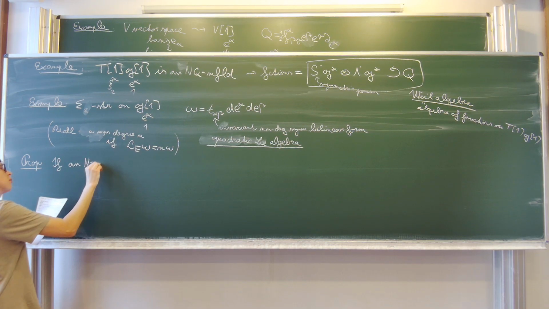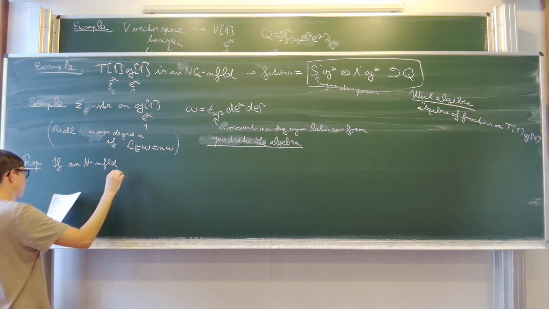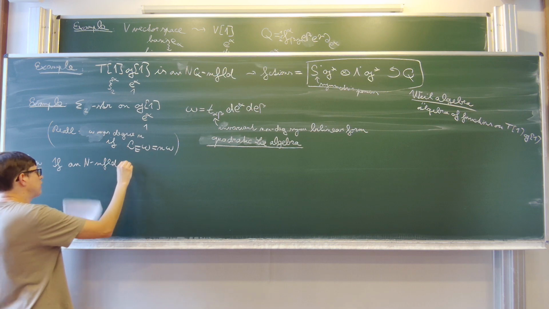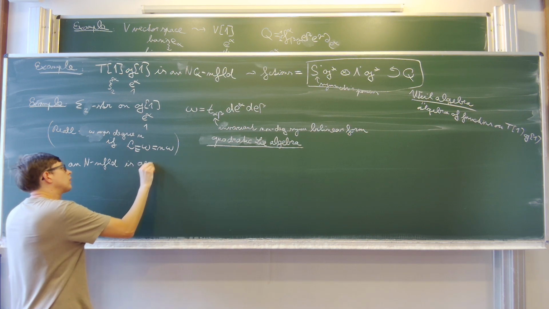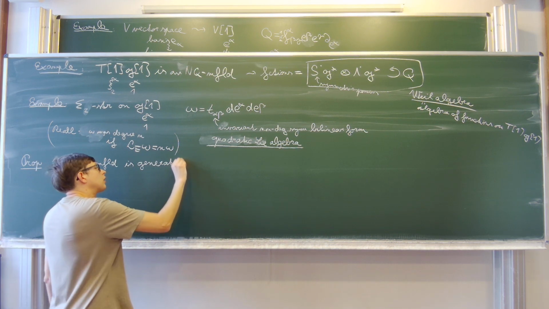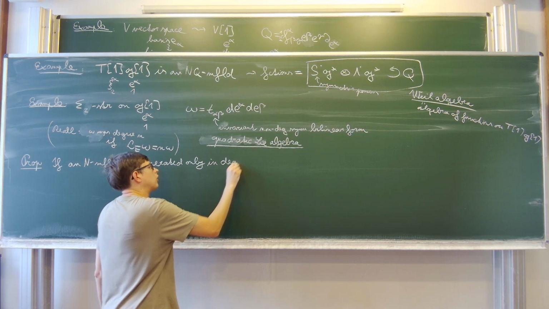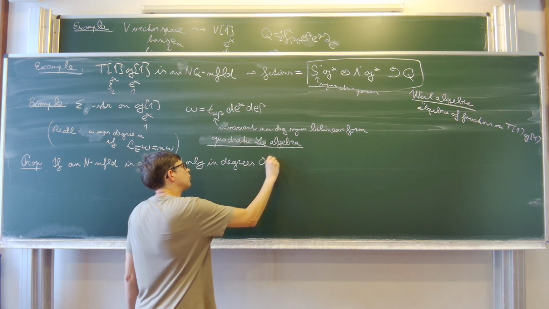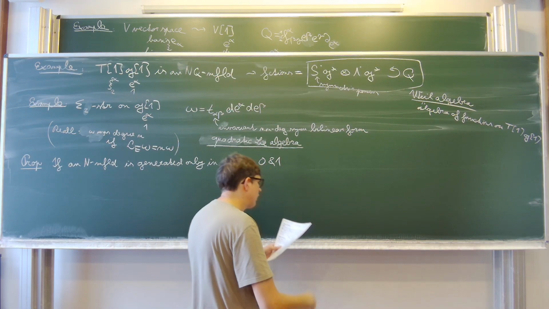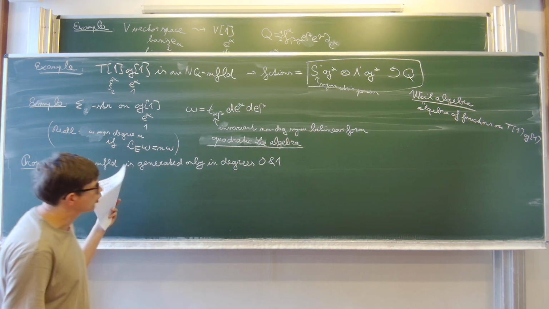So if we have an N-manifold generated only in degrees 0 and 1, like it has only coordinates of degree 0 and 1, then in fact we have a canonical identification with a shifted vector bundle.